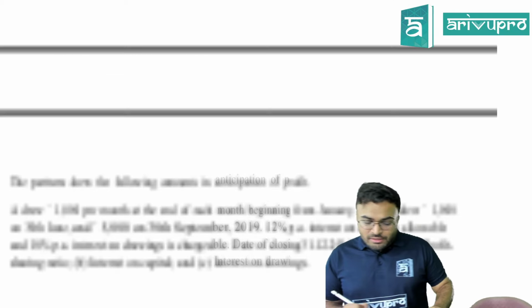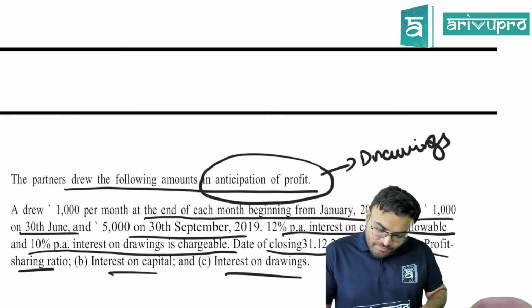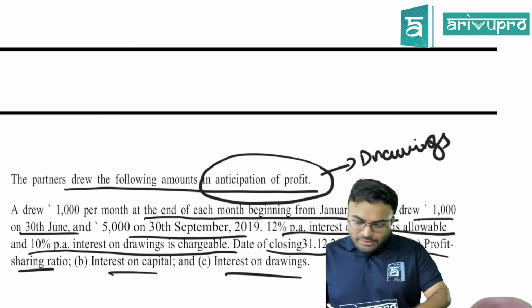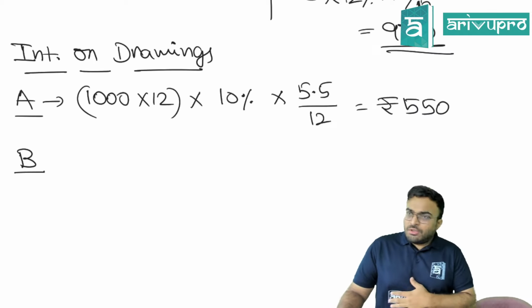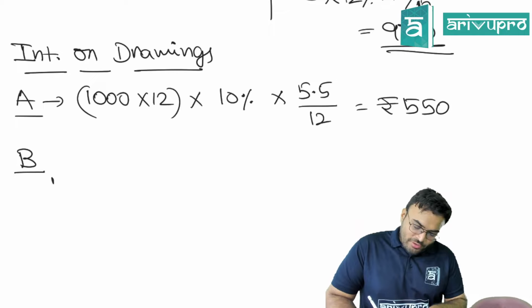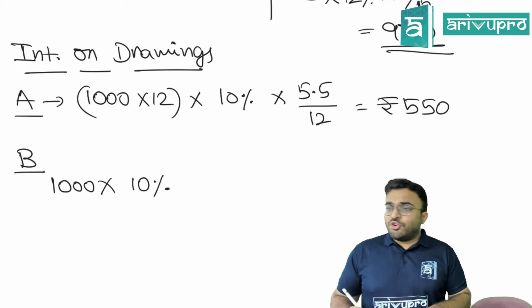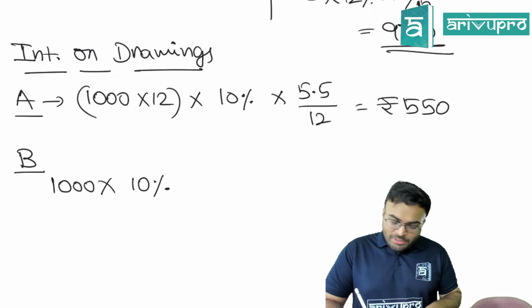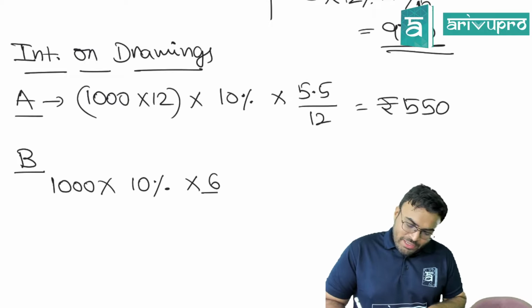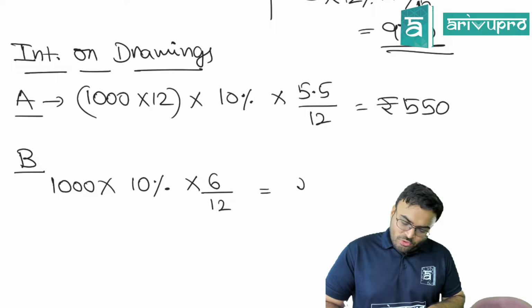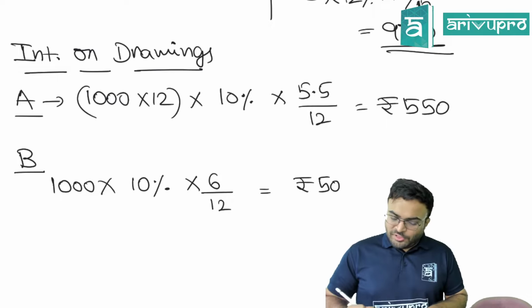For B, it is different dates. Can you see? B drew 1,000 on 30th June and 5,000 on 30th September. So 1,000 on 30th June. So what we will do? 1,000 into 10%. 30th June means 6 months. They are going to use the money into 6 by 12, which is 50 rupees.